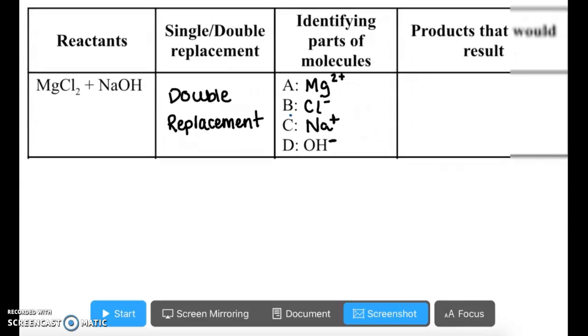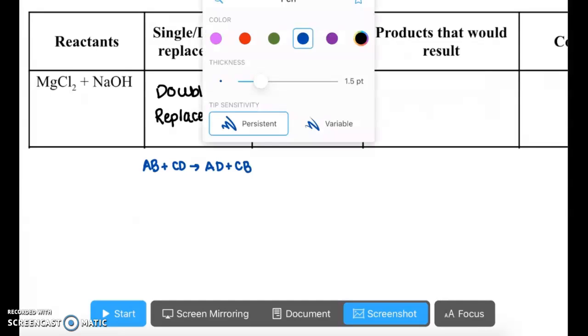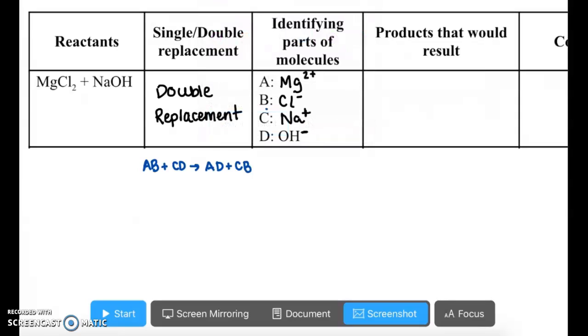We have identified the parts A, B, C, and D. Now we are going to predict the products for this reaction. Now I know for a double replacement reaction, we are looking at AB plus CD yields AD plus CB. So I'm going to use that to help me out here.